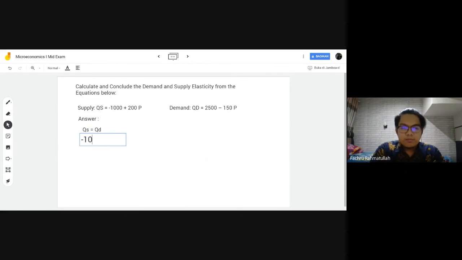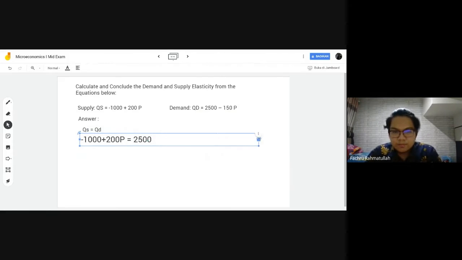So minus 100 plus 200p is too small also. Equals to 2000. So hard. And minus 100p. So we already put in the question.